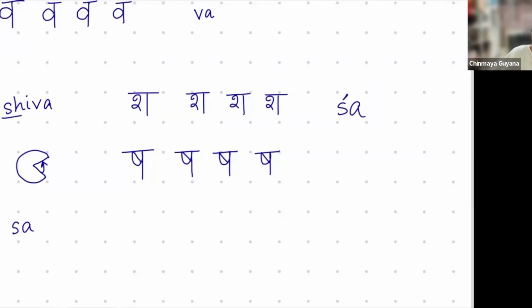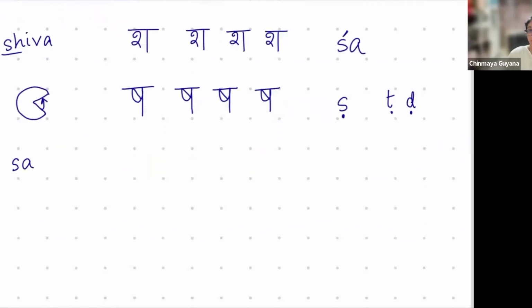And the sha has a dot underneath, just like our da, to remind us where to put the tongue. Right? But y'all don't need transliteration now because you've learned the actual Sanskrit letters. Right?